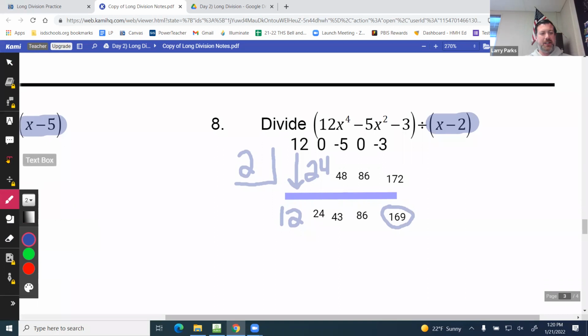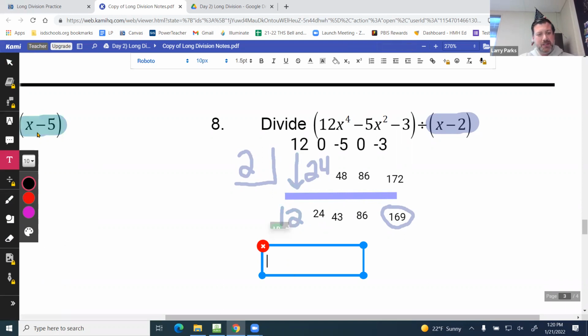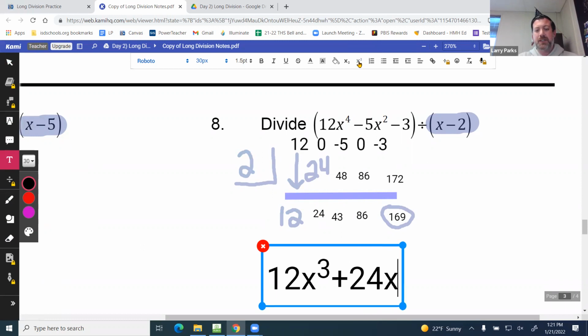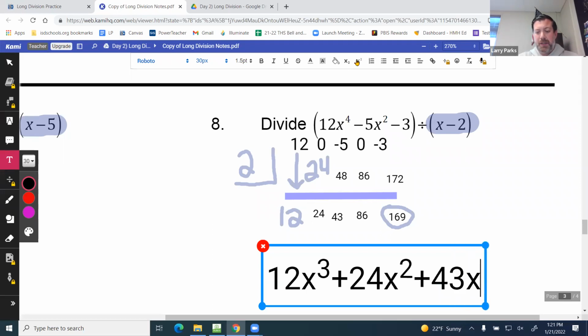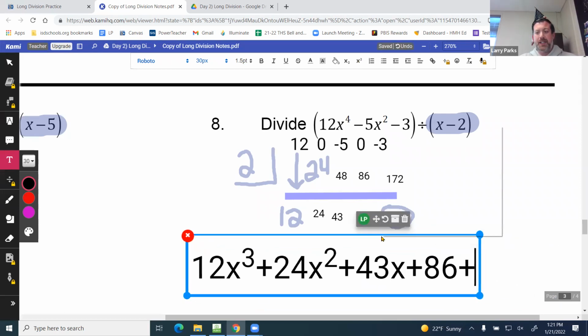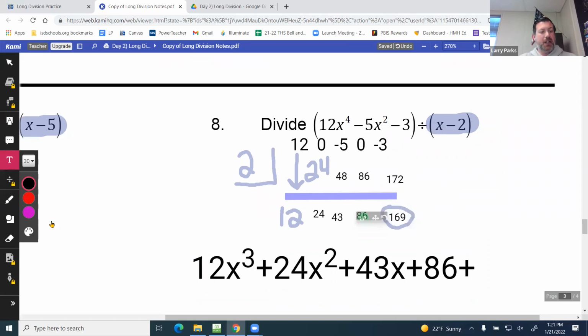Okay, so what you would say is the answer, because you divided out an x, this is now your x cubed term. So your answer would be 12x to the third plus 24x squared plus 48x plus 96, and then plus, and I would list that as a fraction.